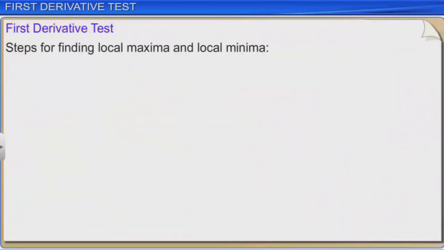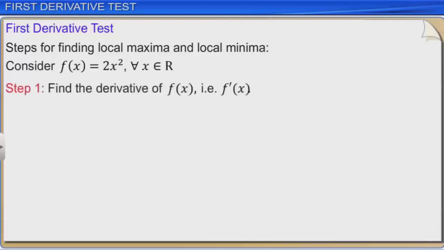Let's learn about this method step by step in detail and find the local maxima and the local minima of the function f of x equal to 2x squared. The first step is to find the derivative of the function f of x. The derivative of f of x with respect to x is equal to 4x.